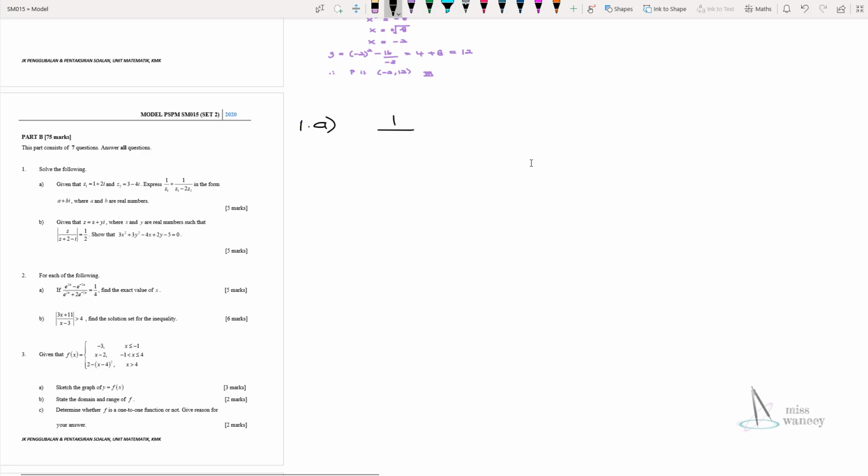So 1 over z1 plus 1 over z1 minus 2z2. This is 1 over 1 plus 2i plus 1 over 1 plus 2i minus 2 multiplied with 3 minus 4i.